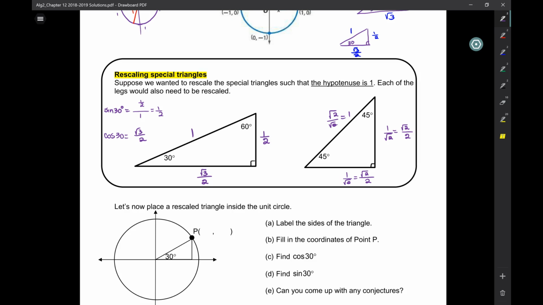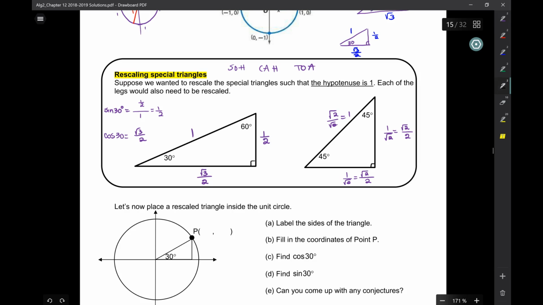Do I even have to divide by the hypotenuse? No. Do I have to do cosine equals that over the hypotenuse? No. The purpose of rescaling is that when I want to do sine, cosine, tangent now, I don't have to mess with the hypotenuse anymore. So remember how we used to say SOHCAHTOA like this?